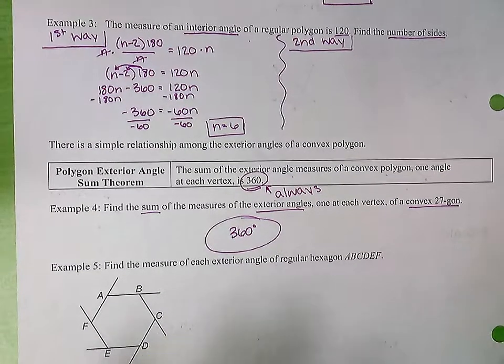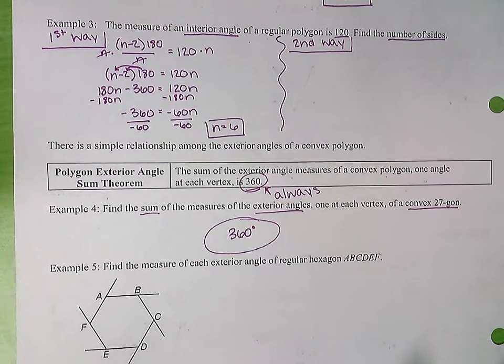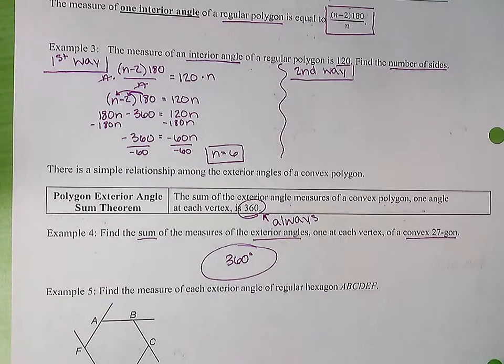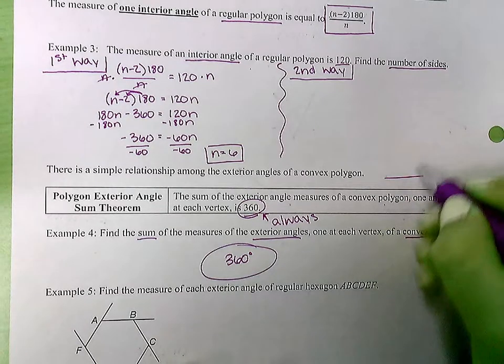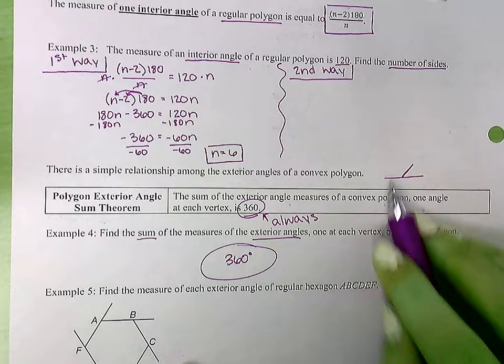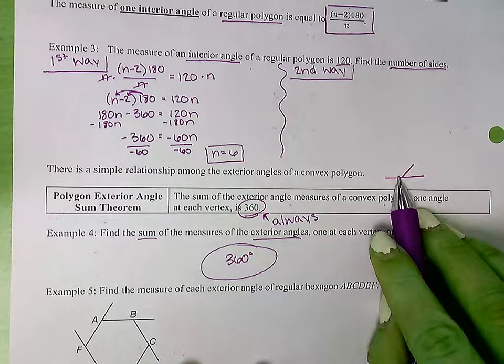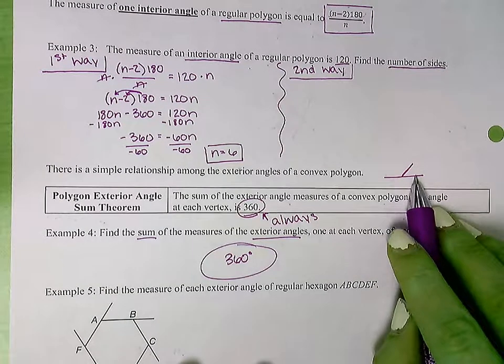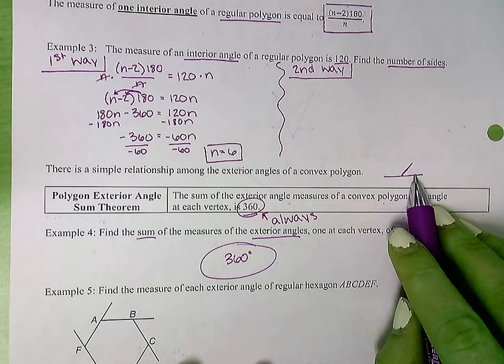Alright. So now that I know that the exterior sum is 360 degrees in your polygon, okay, any size, your interior angle, say this is our interior angle, and your exterior, make a straight line. Okay?